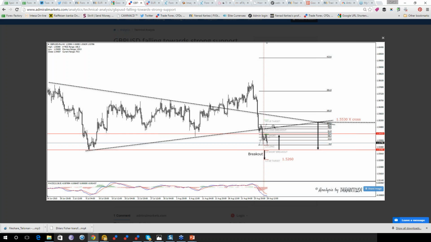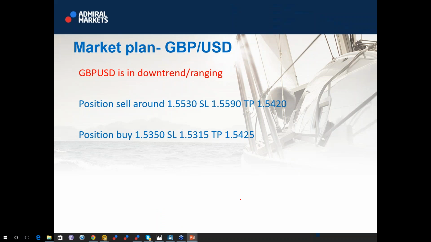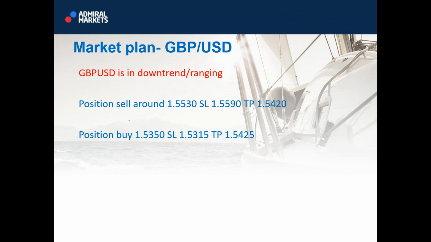So the X cross is exactly at H5, so it gives us a POC there. So the X cross is basically the point where we should take our short position, leading the price to 54.20, and our buy position is 53.50 with 53.15, stop loss, 54.25 target.